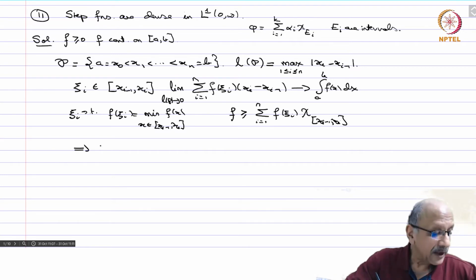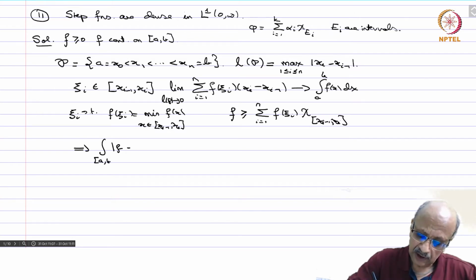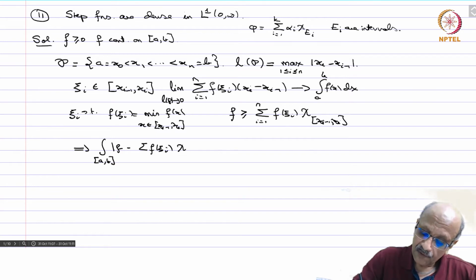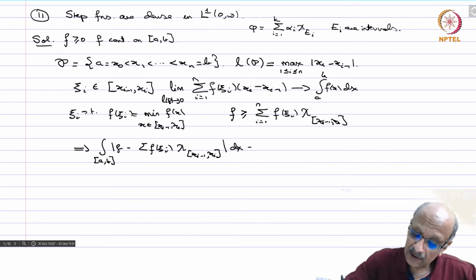So this will imply that the integral of |f minus sigma f of xi_i chi of [x_{i-1}, x_i]| over [a, b]. I don't have to put the modulus because I have taken the minimum.